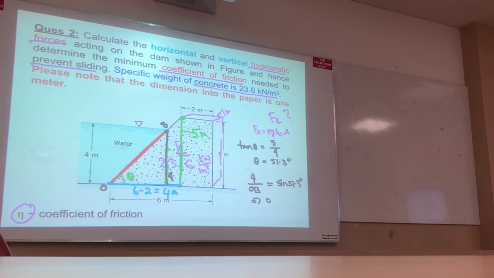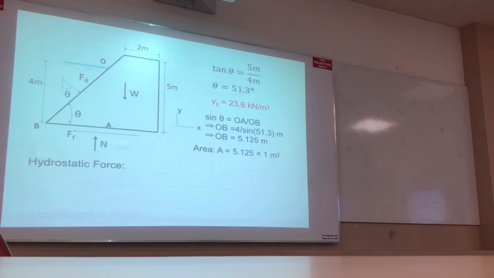Then I can calculate OB, some number I get, correct? Okay, can I go next slide? Then you can see area, OB I can get 5.415. So area becomes 5.125 meters square.